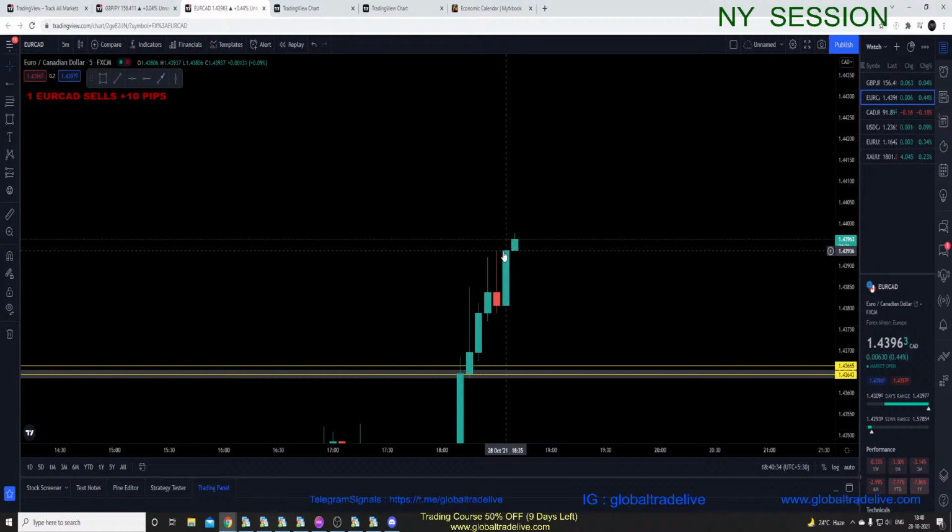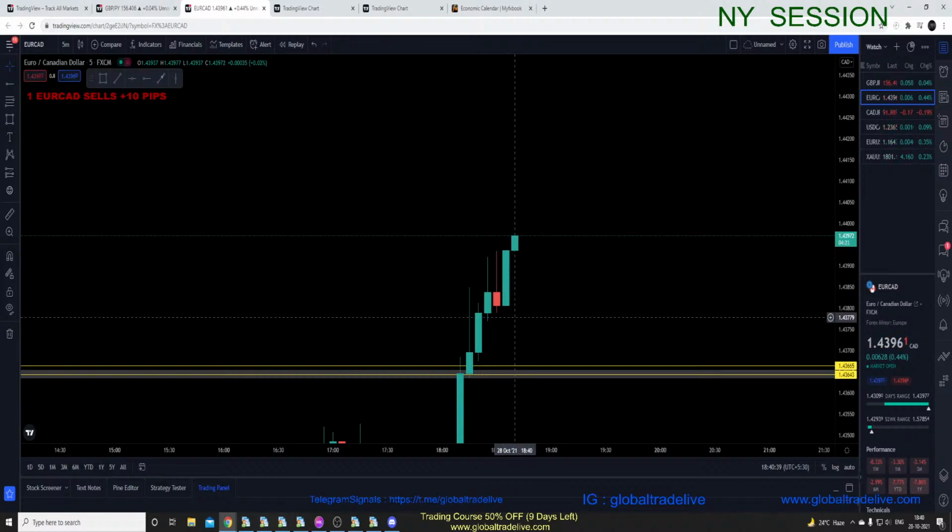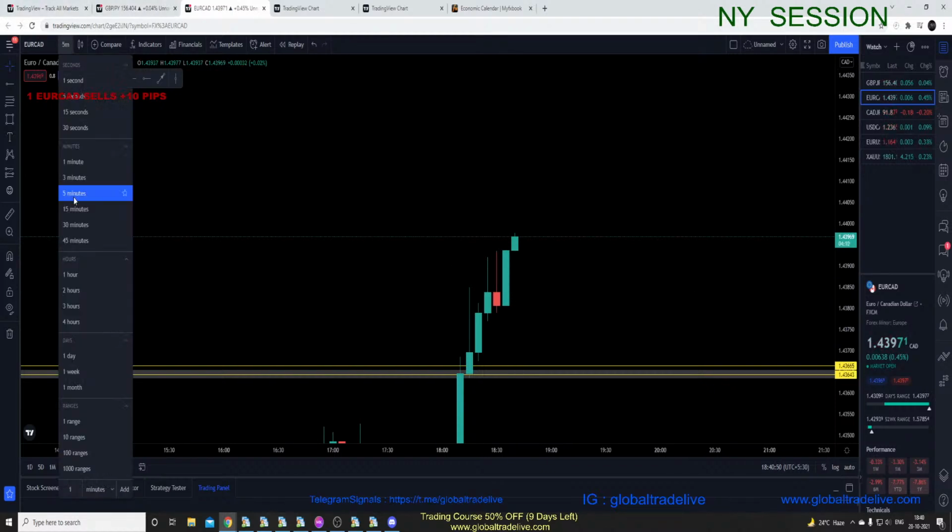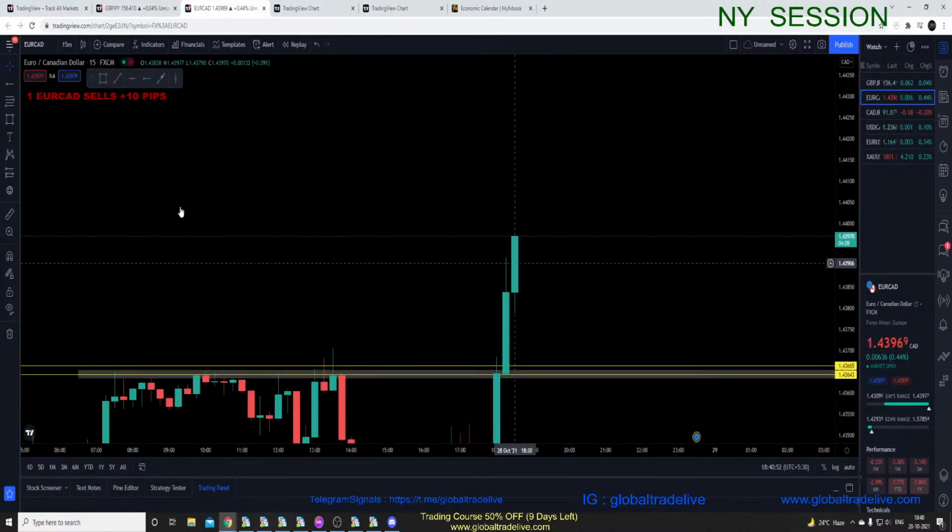Oh, the previous 5 minute closed with no wick. So this 5 minute candle can come down, I think, because there is no range for this candle to go up. So it might create a higher wick and retrace back down. But let's see.